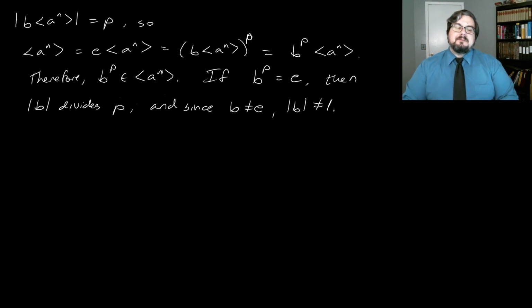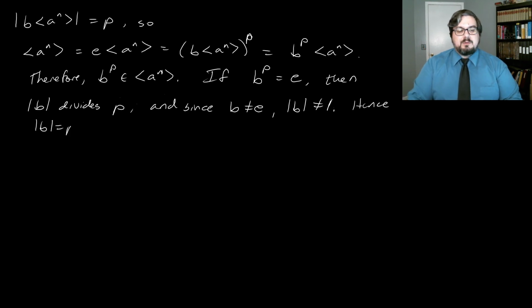So the order of b divides the prime number p, and it's not equal to 1. Hence, the order of b equals p, and we're done.